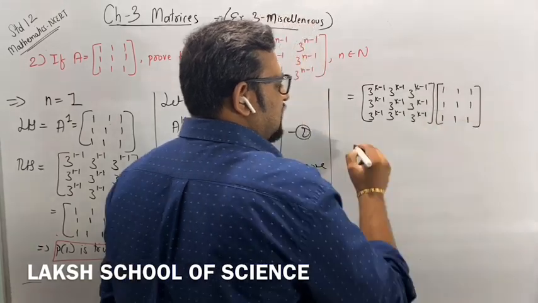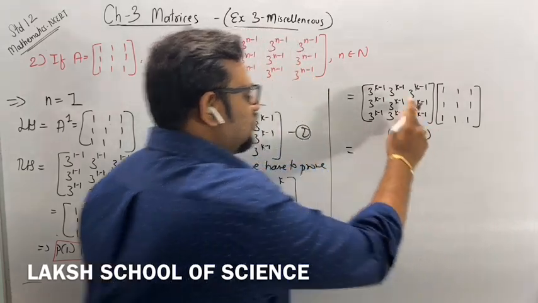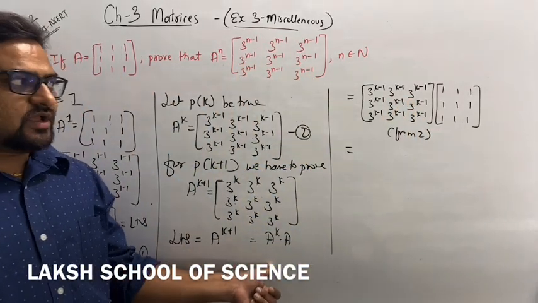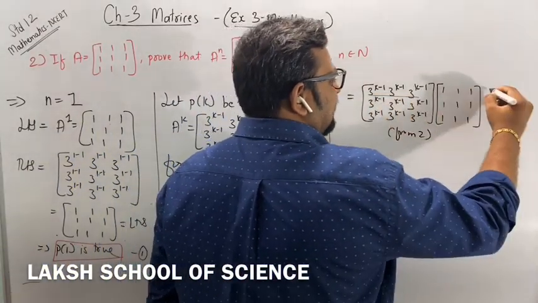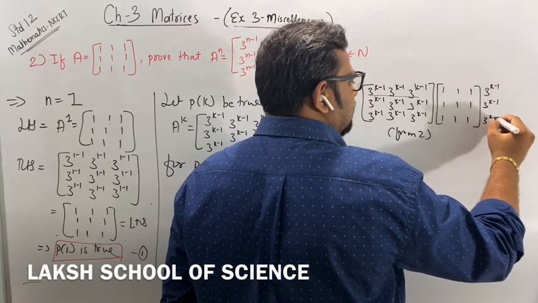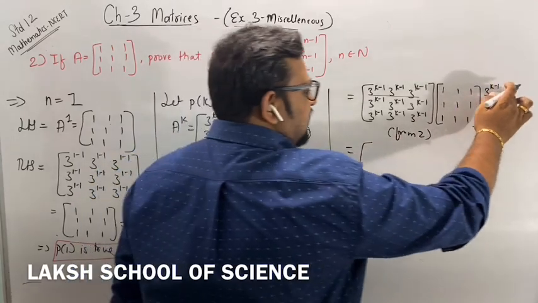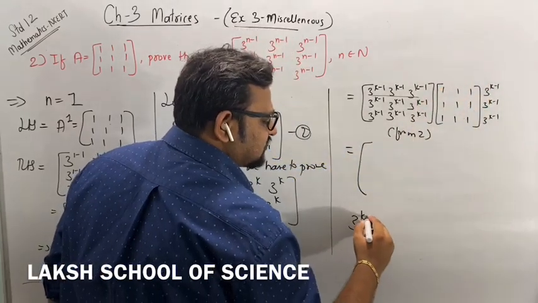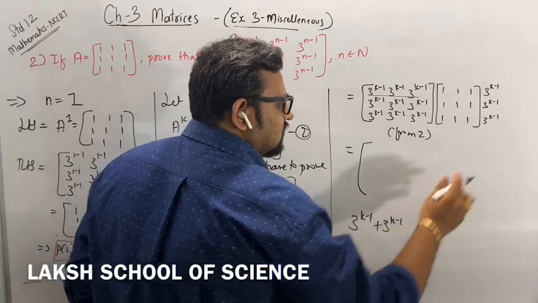Now you have to multiply it. How did we get from 2? I got this instead of A raised to k. Now see, when I'm multiplying, take the first row, write down here 3 raised to k minus 1. Let me solve it separately first. 3 raised to k minus 1 into 1, 3 raised to k minus 1 into 1, 3 raised to k minus 1 into 1.